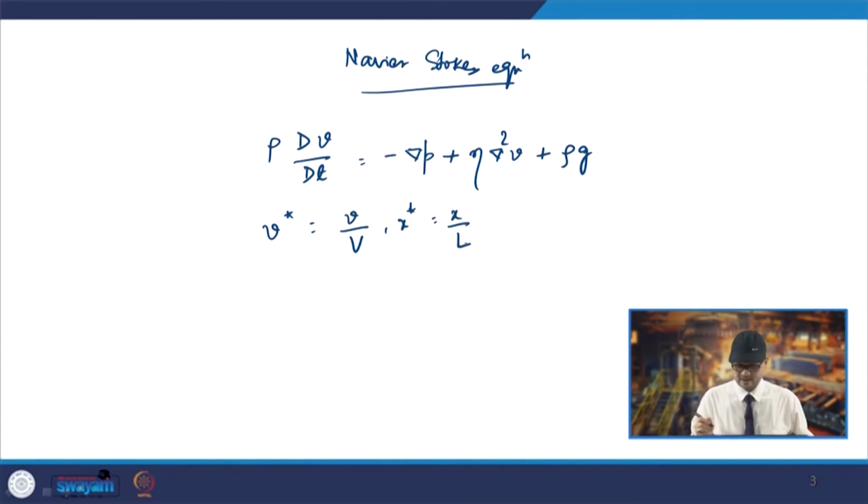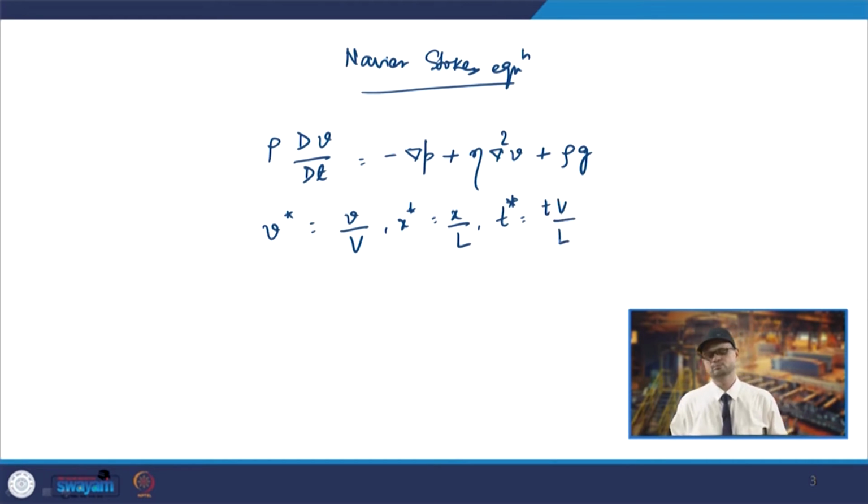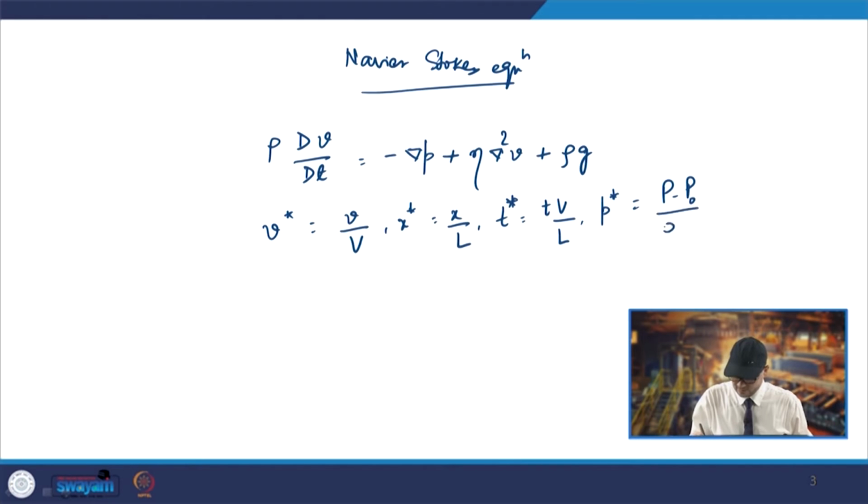So, the characteristic length of the tundish. You further non-dimensionalize T star, that is T into V by L. So, it will be T with a certain time we are dividing. Then you have P star, we define as P minus P naught divided by rho V square.